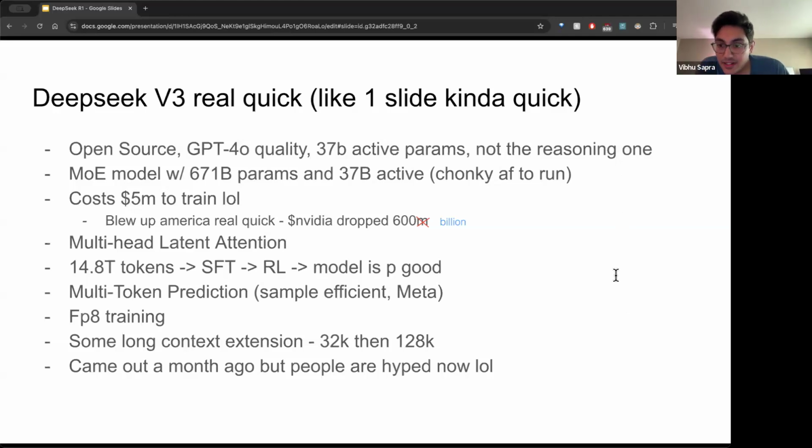So, how are effective active parameters different from total parameters? Total parameters, you still have to load all of this in memory. So with 671 billion parameters, you need lots and lots of GPUs to load this thing. But at inference time, it's only using a fraction of these, right? About 5%, so it's using 40 billion parameters. Realistically, it's more efficient to use a lot of tokens.